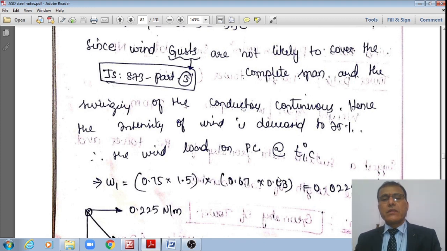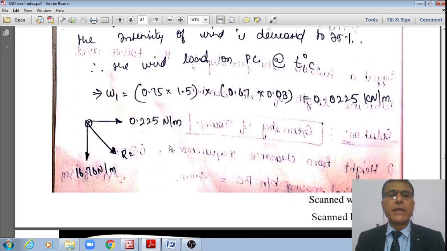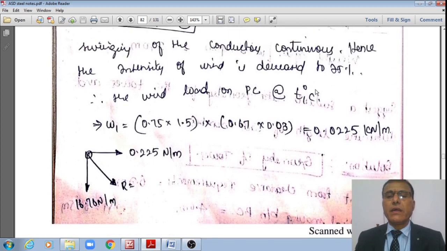Therefore, shape factor 0.67 multiplied by 0.03 diameter multiplied by the wind intensity, I'll get so many Newton per meter or kilonewton per meter. That works out to 0.0225 kilonewton per meter or 22.5 Newton per meter. That is how, when temperature is minimum, W1 is this much.